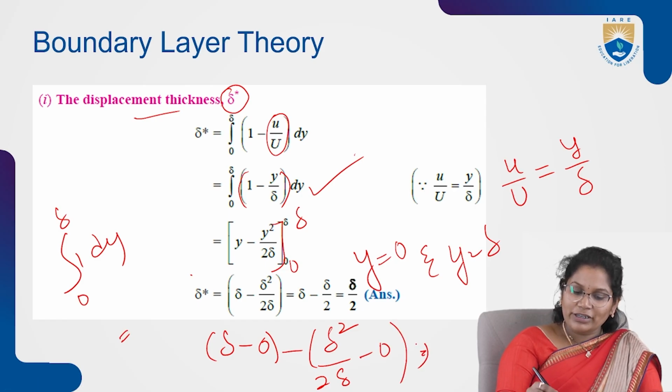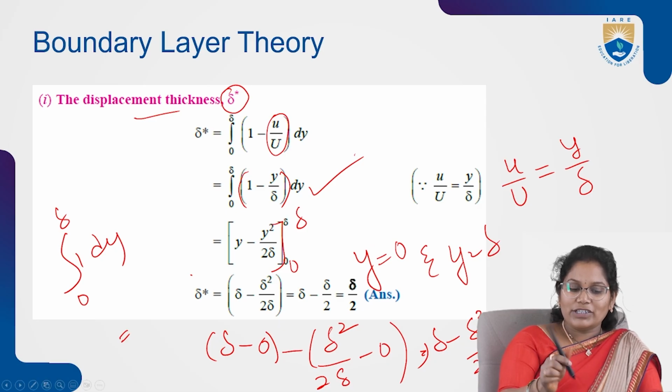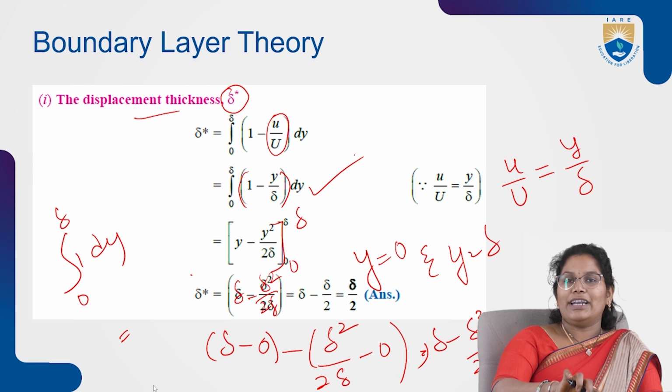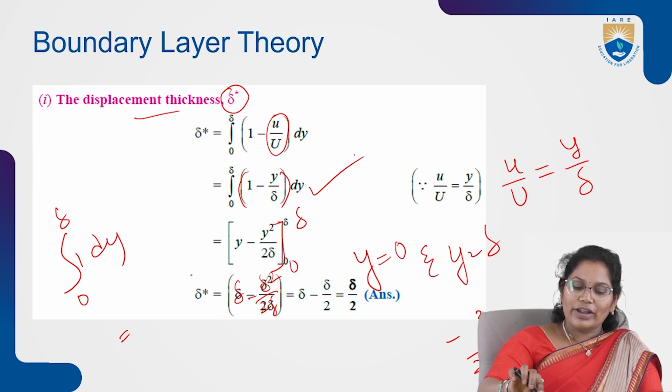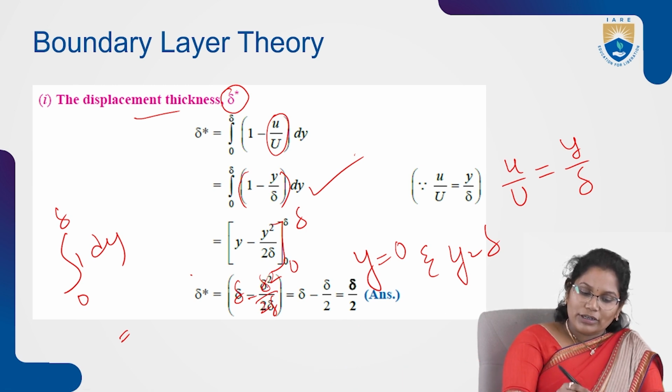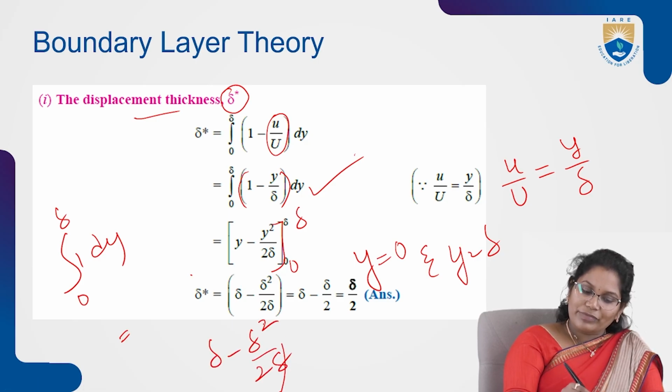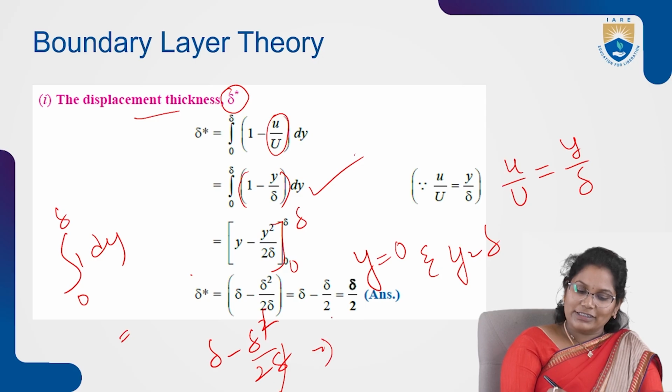So what is it becoming? Delta minus delta square by 2 delta, right? That's what it is. So delta, one delta gets cancelled.